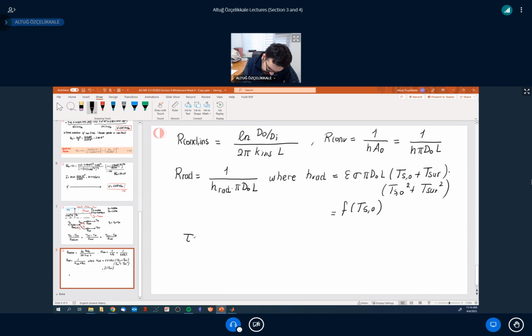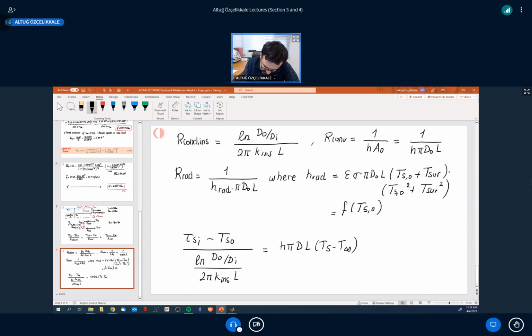So Tsi minus TSO divided by the natural logarithm of dO divided by di divided by 2 pi k insulation L is equal to h pi dO L times Ts minus T infinity plus epsilon sigma, and I write dO L, times TSO raised to the power 4 minus T surroundings raised to the power 4.